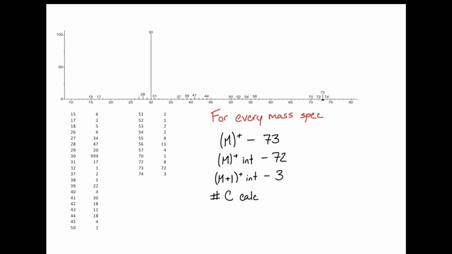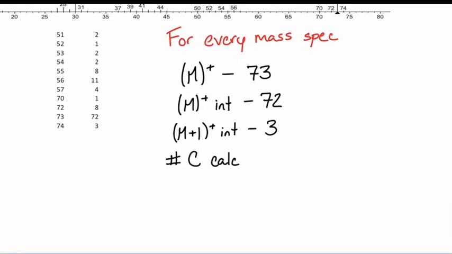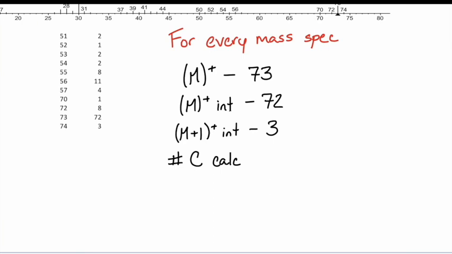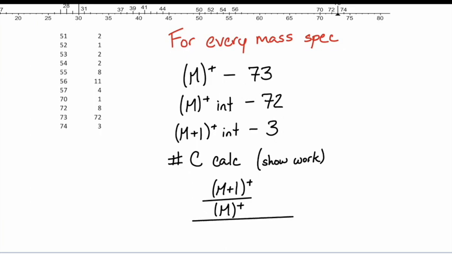All right. So our number of carbon calculation, and you're going to have to show your work. Just show me this formula set up. It is the M+1 intensity divided by the molecular ion's intensity, all divided by 1.1 and then multiplied by 100.